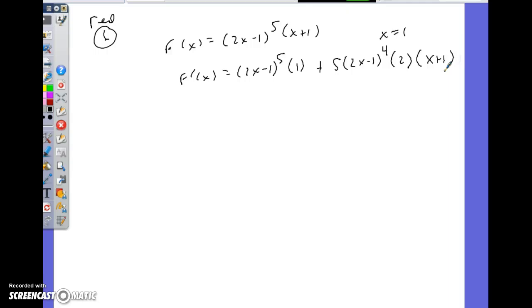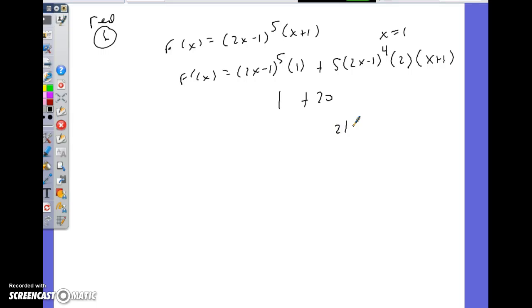Plug a 1 in there. 2x minus 1 becomes 1, so that's 1 to the fifth, so it's just 1, plus, put 1 in here, that's 1 plus 1 is 2... 5 times 2, times 2, 10, 20. So I'm getting 21 as my slope.